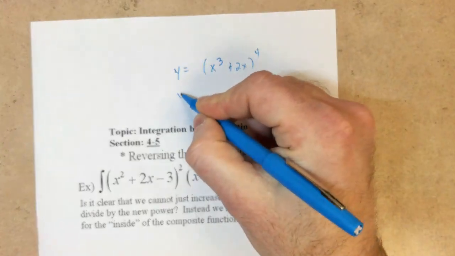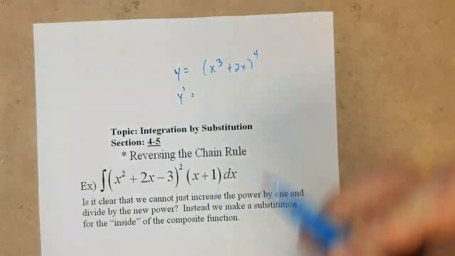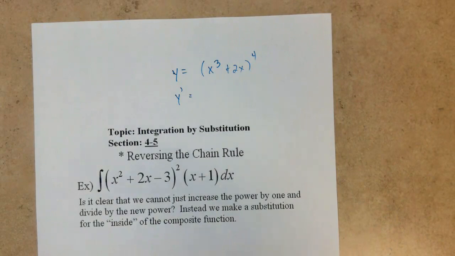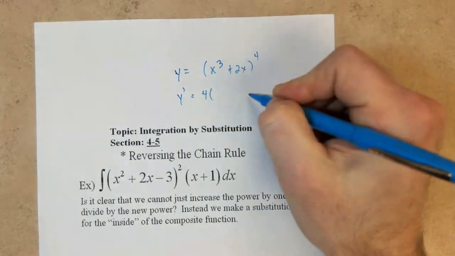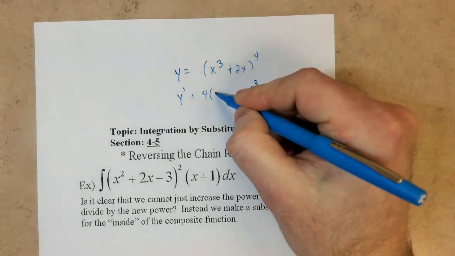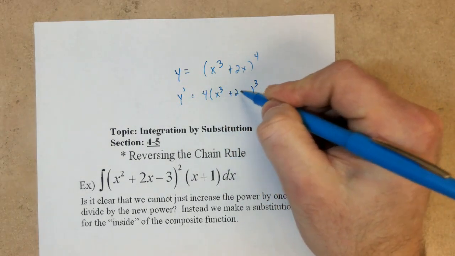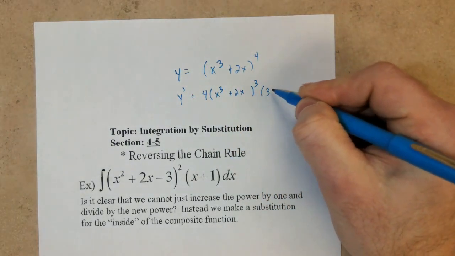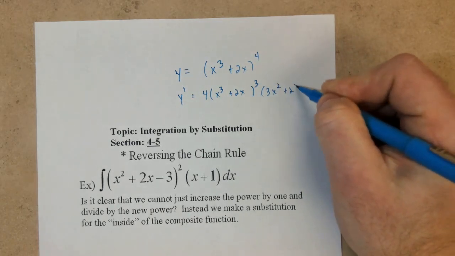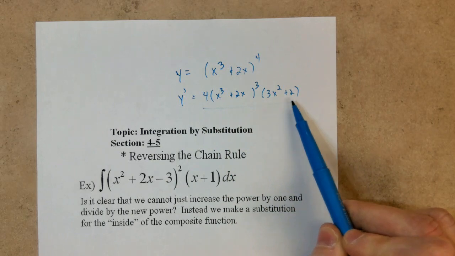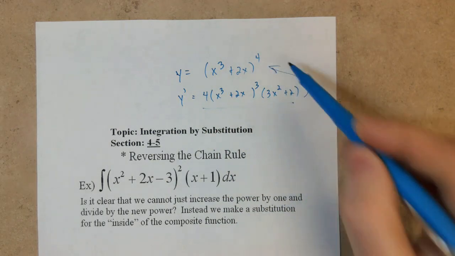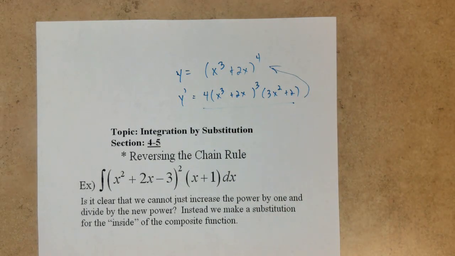If I said let's find the derivative of that, we'd do the derivative of the outside, leave the inside alone, and then multiply by the derivative of the inside. So this would be 4 times the quantity to the third, leave the inside alone, and then multiply by the derivative of the inside. What we're going to do now is look at this scenario and try to revert back to our original function.